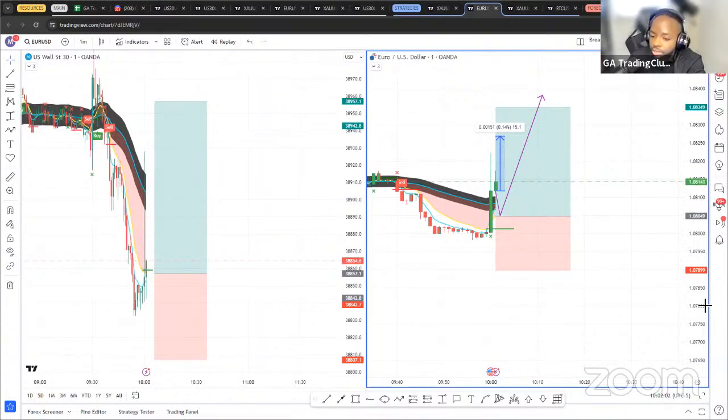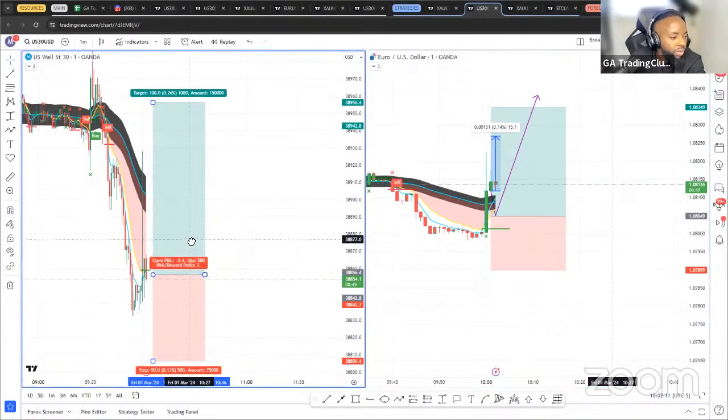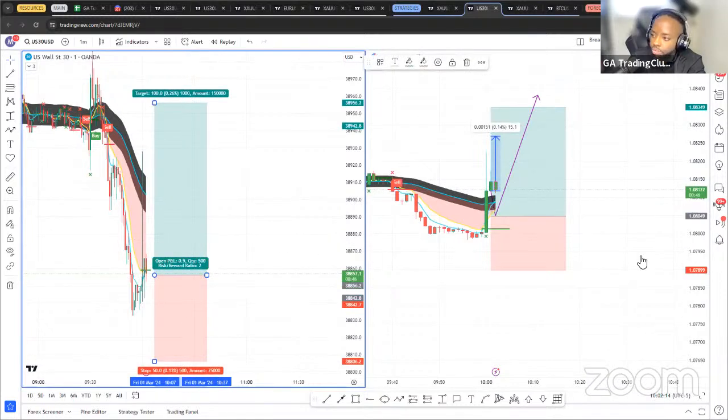US 30 still waiting on that. All right, so I'd want US 30 to go back down a little bit further, and then give that move up.